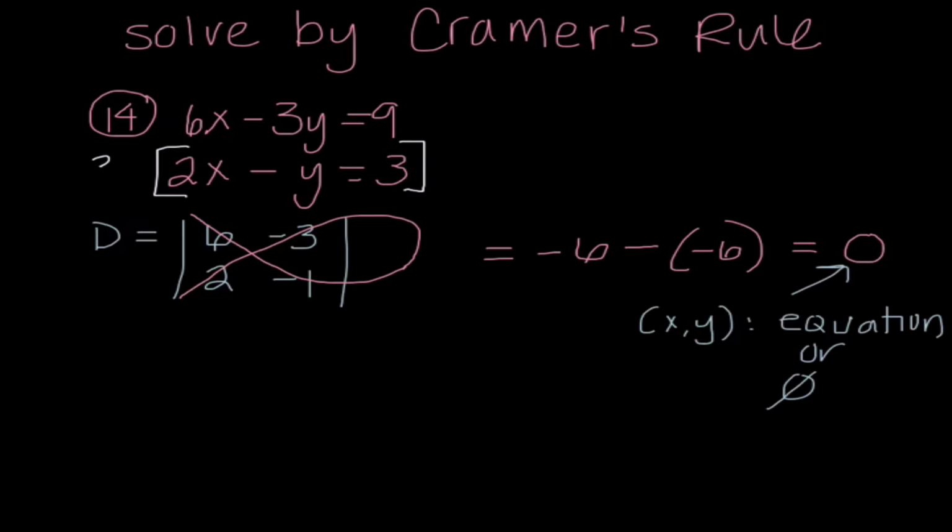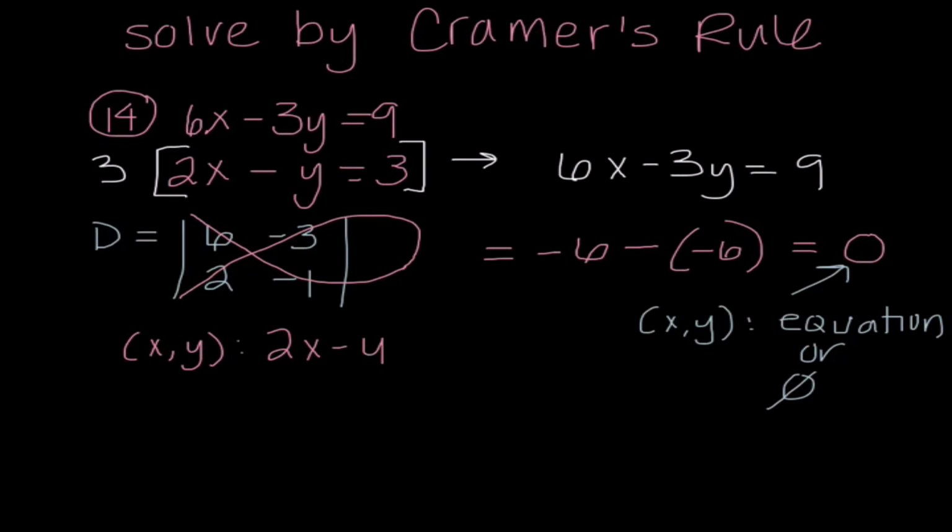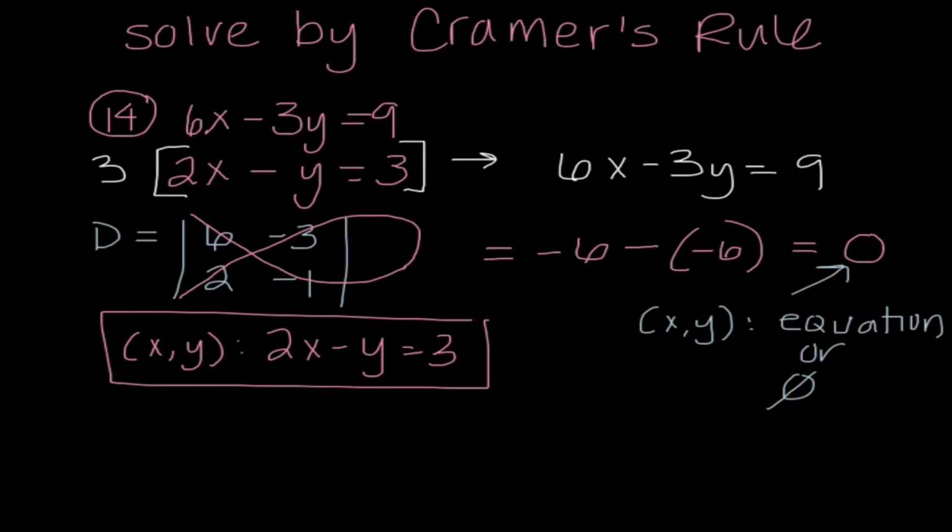So I'm going to multiply this by 3 and see what happens. 6x minus 3y equals 9. Notice how they are exactly the same, so my solution would be all the ordered pairs on the line, and then I can write either of those two equations. It does not matter. Now, just kind of a side note, this is all we would need to do for this problem.